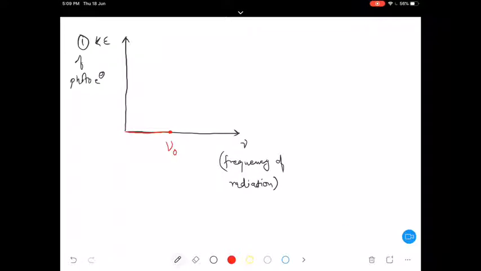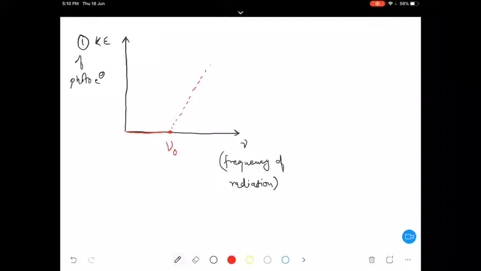Up to this point, kinetic energy will be 0, correct? Then afterward, as we are increasing frequency, kinetic energy we can write in this manner.